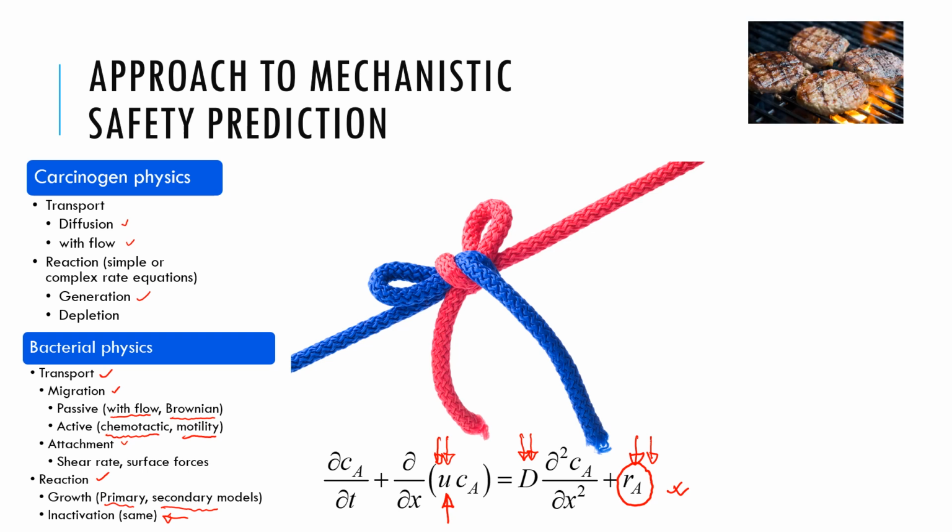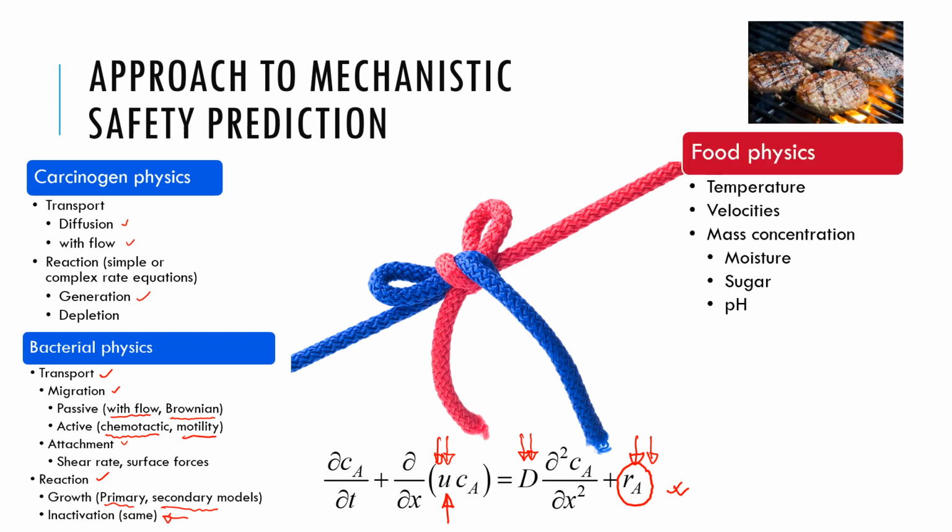Because they depend on temperature, velocities, and so on at a location for the process, we need to combine the process physics, the food physics, with the bacterial physics to obtain the safety prediction for each scenario. Here is an example for a carcinogen, let's say in meat cooking.